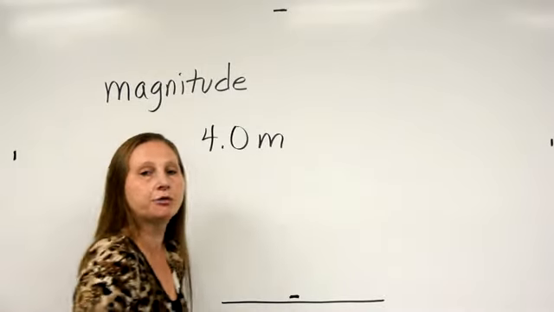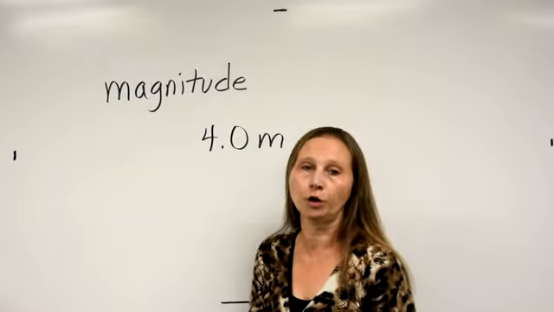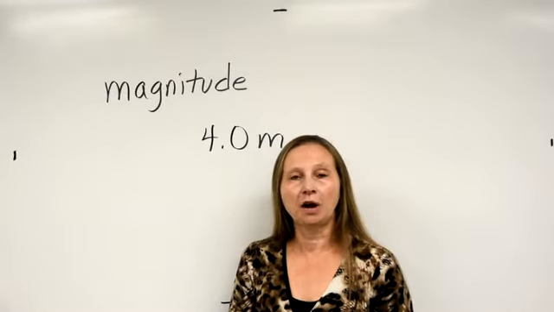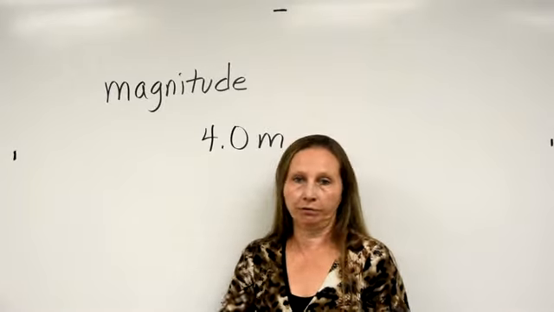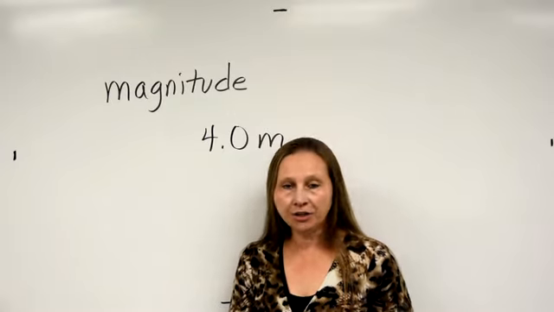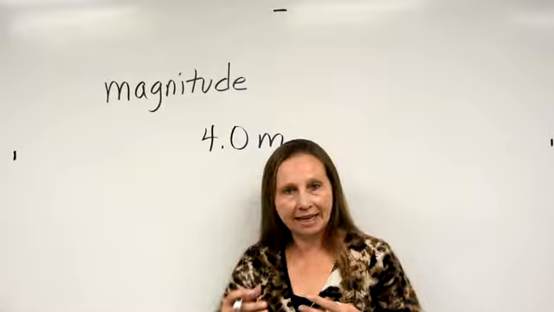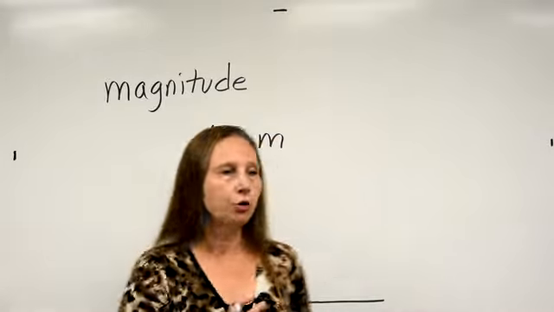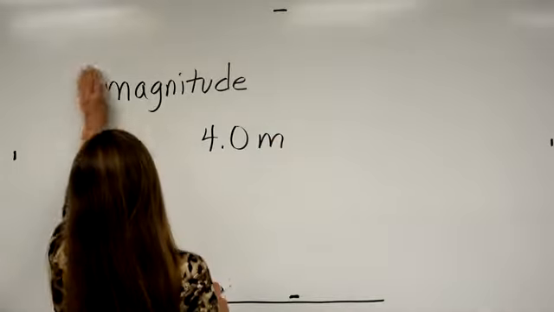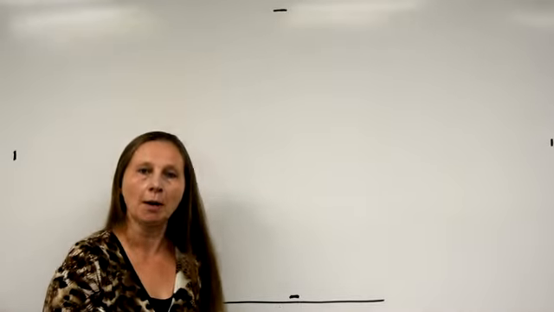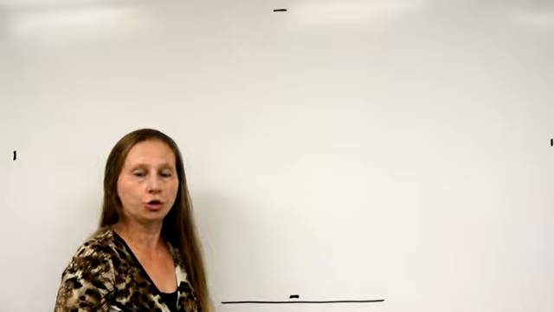So you really don't have to worry too much about the word magnitude. If they ask you in a physics question to find the magnitude of whatever, they're asking you to calculate the number. Just get the answer. All right, so don't worry too much about the word magnitude. It really just means number with a unit, usually.